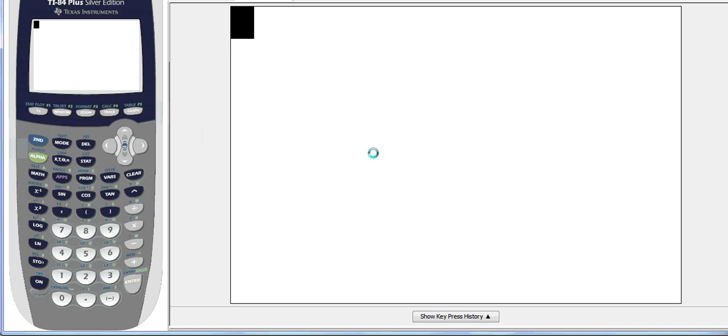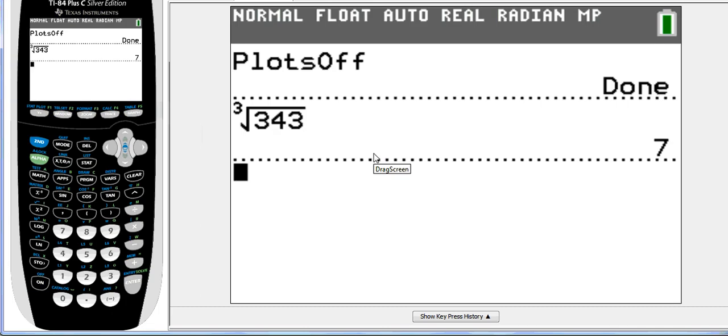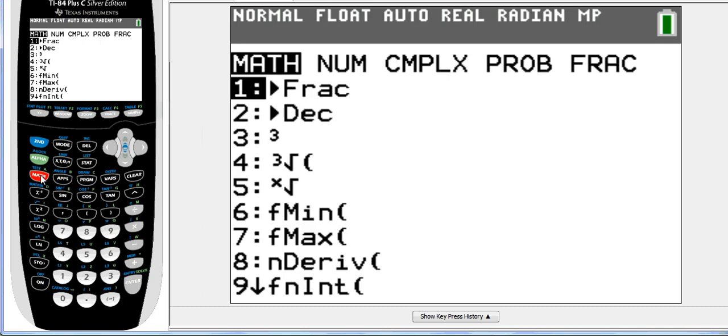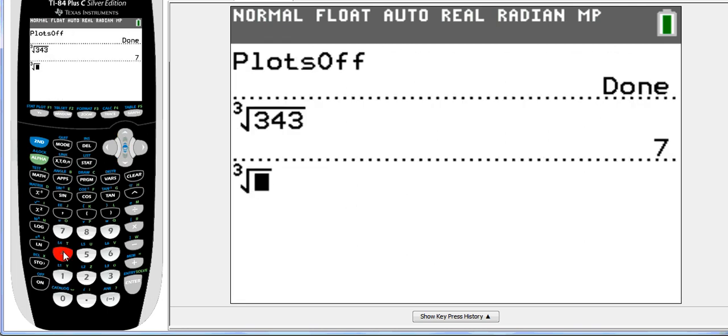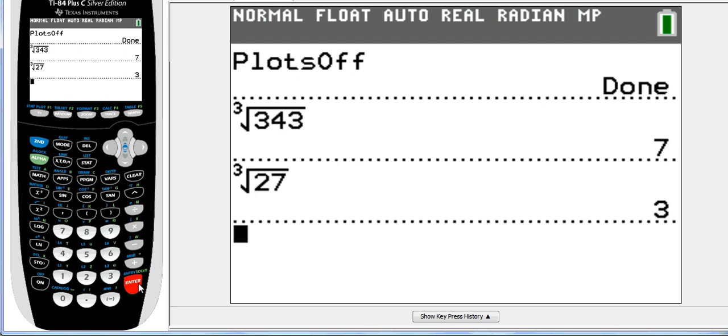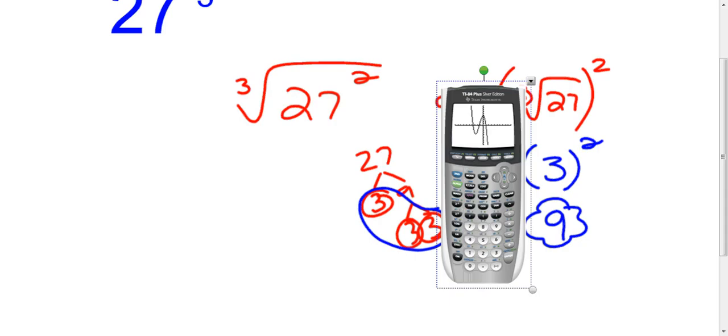If I press the math key, you can take the cube root button if you want, or you can take the 4th root, whatever root you want, by using this button. But this is the automatic cube root button. And so you can do the cube root of 27 and see if it comes out to be a whole number, which in this case it does. Okay?